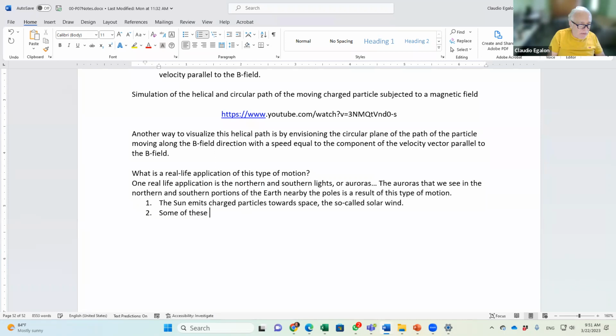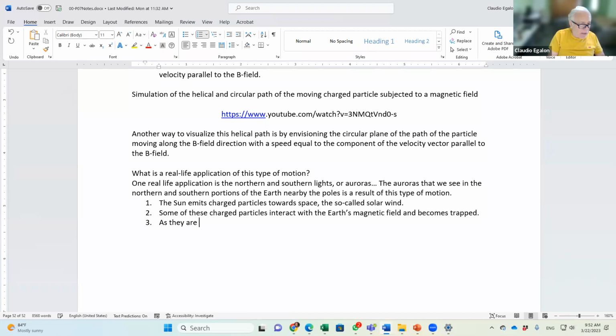Some of these charged particles interact with the Earth's magnetic field and become trapped.